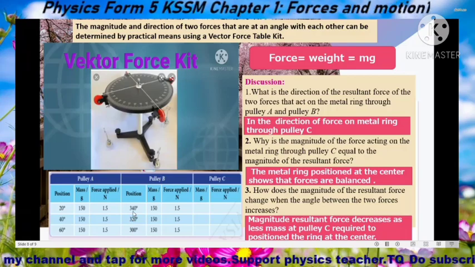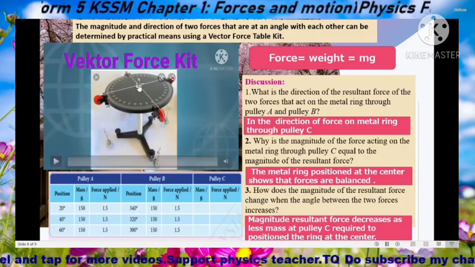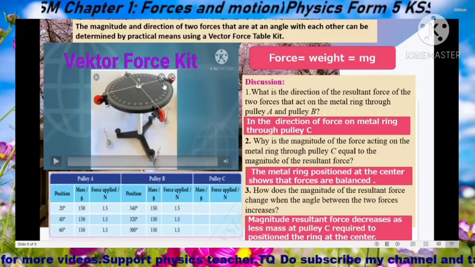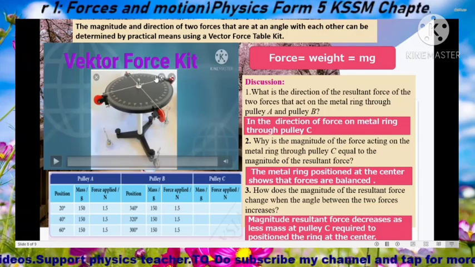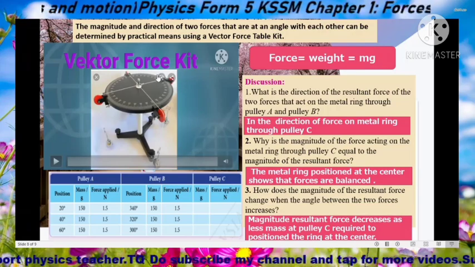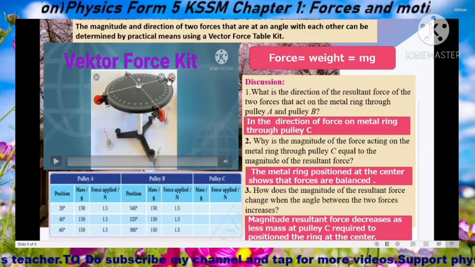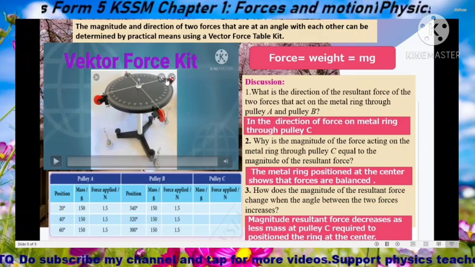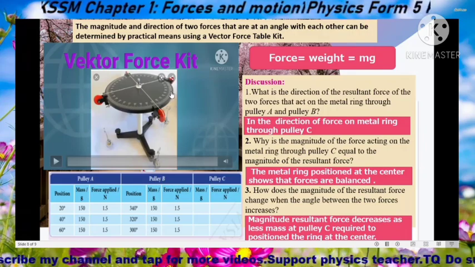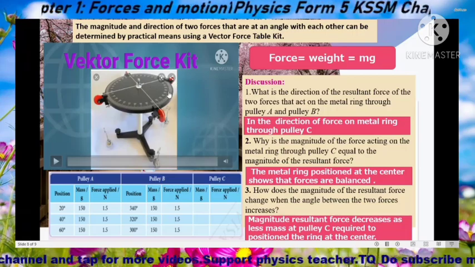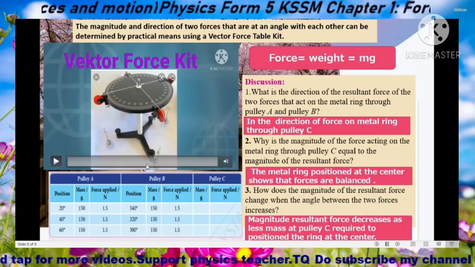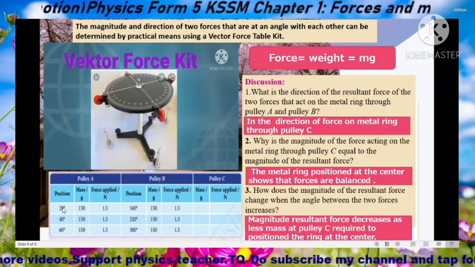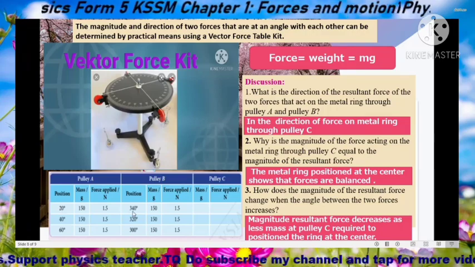Then pulley B is at 340 degrees. Let's say for the angle 20 you measure anti-clockwise; for 340 it means clockwise 20, so that one becomes 340. So the angle between them is actually 40 degrees for this one.